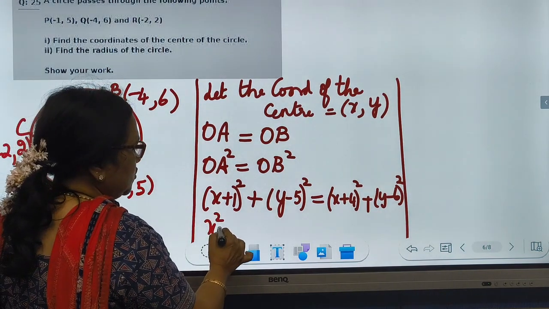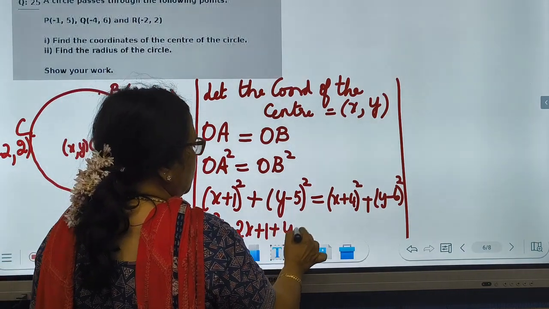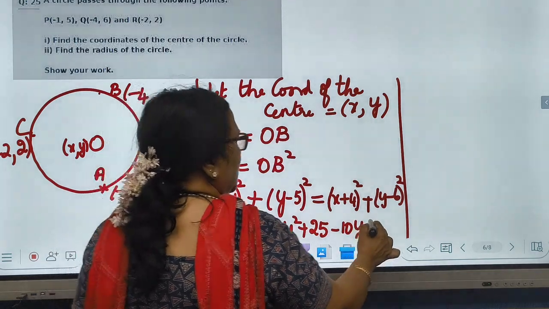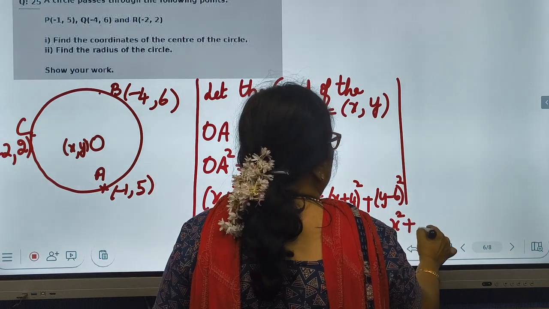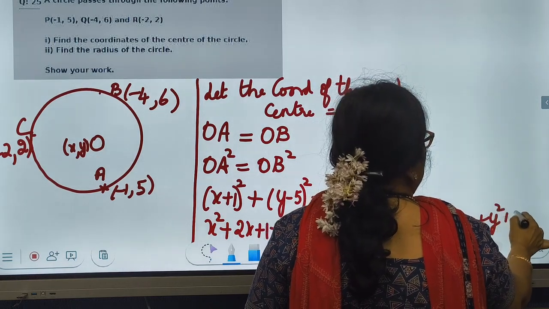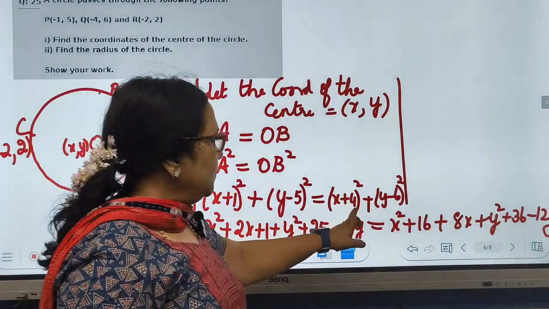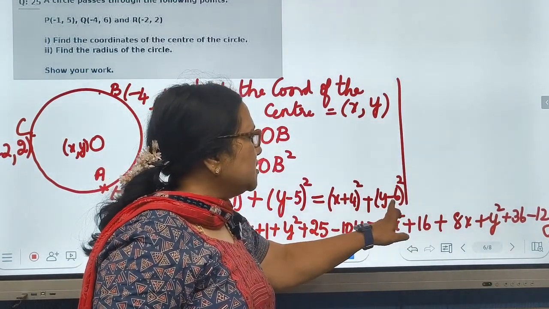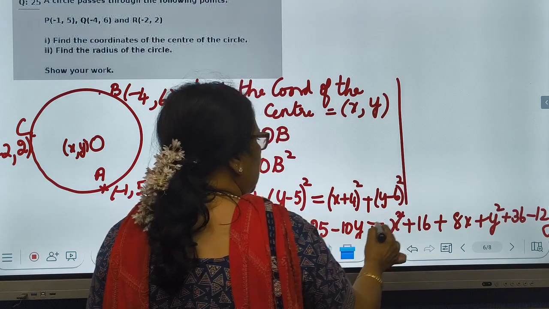This gives x square plus 2x plus 1 plus y square plus 25 minus 10y is equal to x square plus 16 plus 8x plus y square plus 36 minus 12y. Now x square gets cancelled.